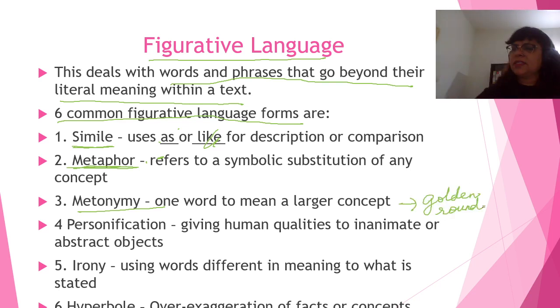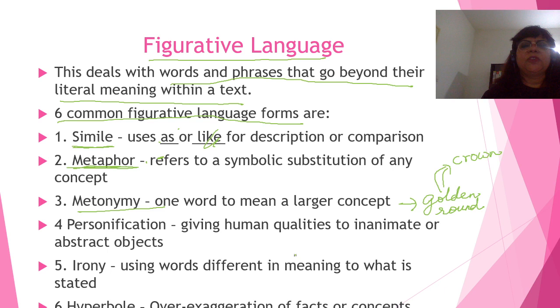This is a metonymy of crown. When I use the word golden round, it is the metonymy for crown. Alright? You'll remember? So, one word which means a larger concept.